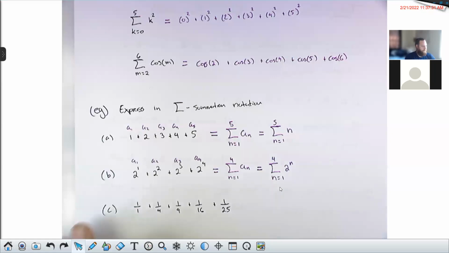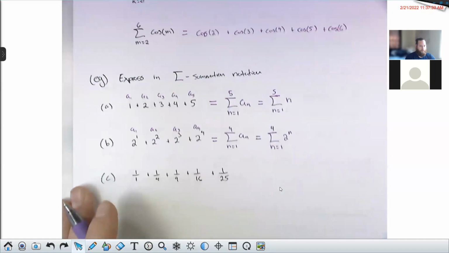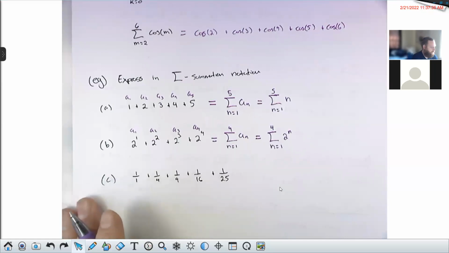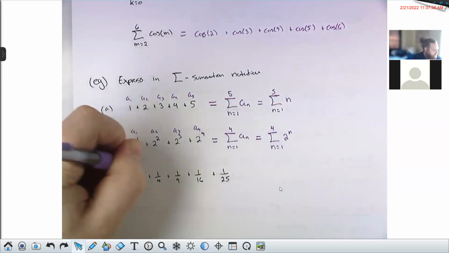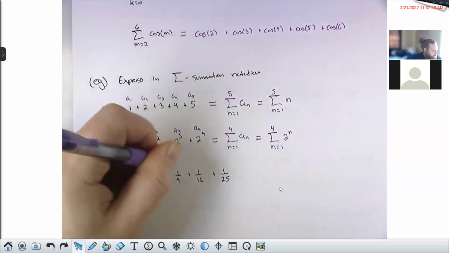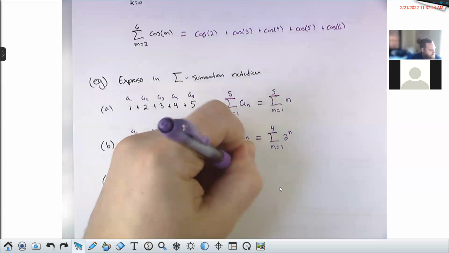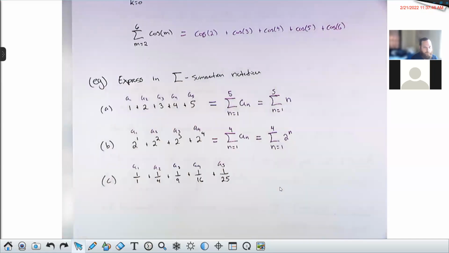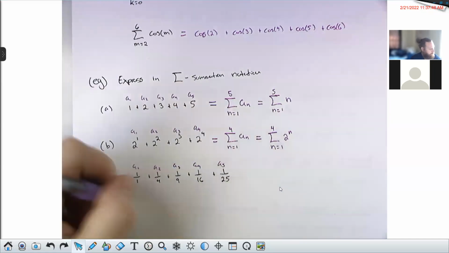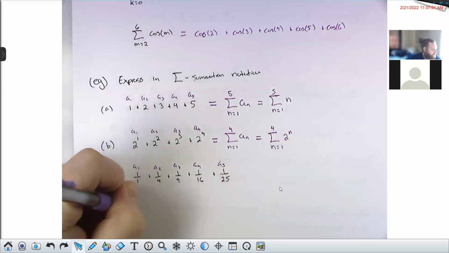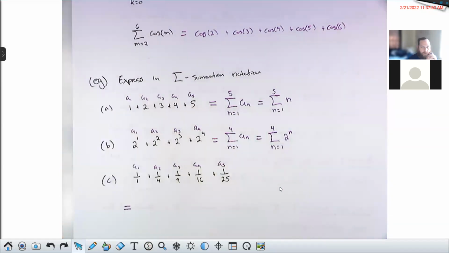The last one down here is a little bit trickier. I'll start the same way. All right, this is A1, this is A2, this is A3, this is A4, and this is A5. But I think it'll be helpful to play a little game with the denominators before we jump straight into the sigma notation there. What do you notice about those denominators?